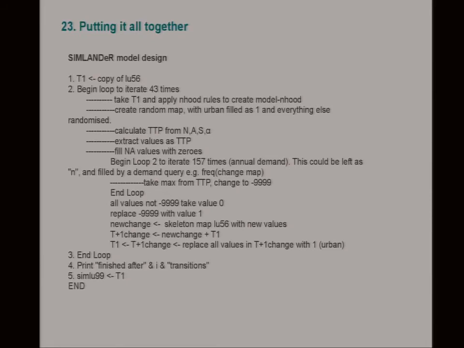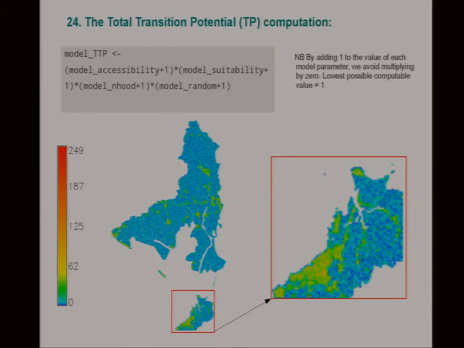We're extracting the values, and then we're entering a second loop to locate, for each time step, 157 cells of urban land. And how do we do this? Well, we take the maximum, using the max command, and we change it to -999, so the second time we go into that loop we're not picking the same maximum. It's just a solution that seemed to work.